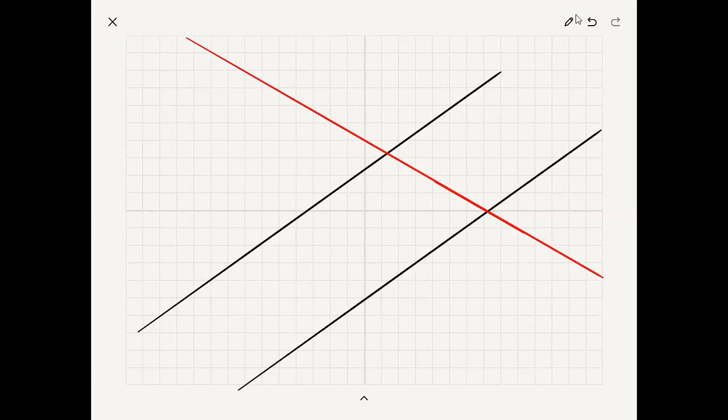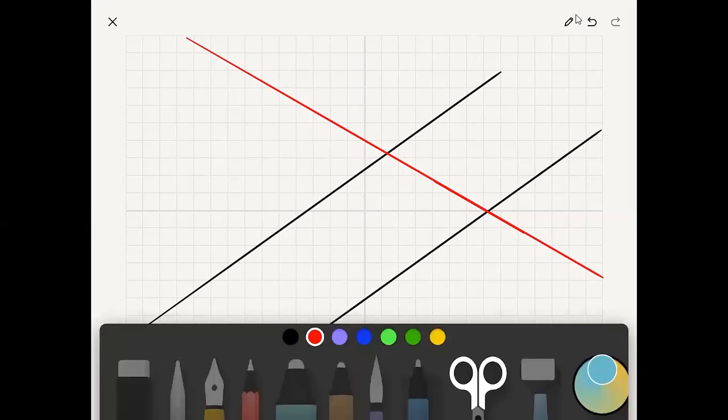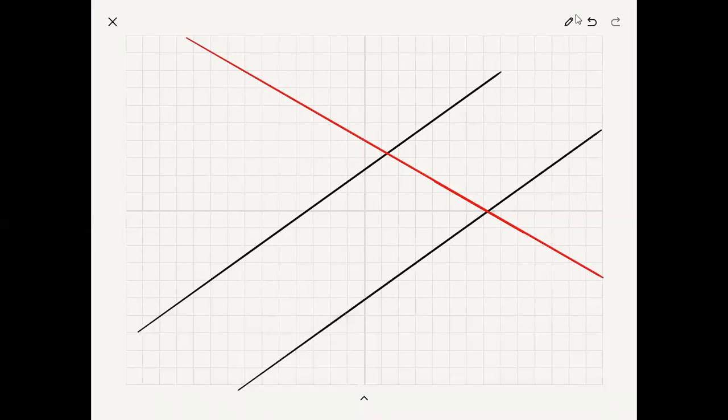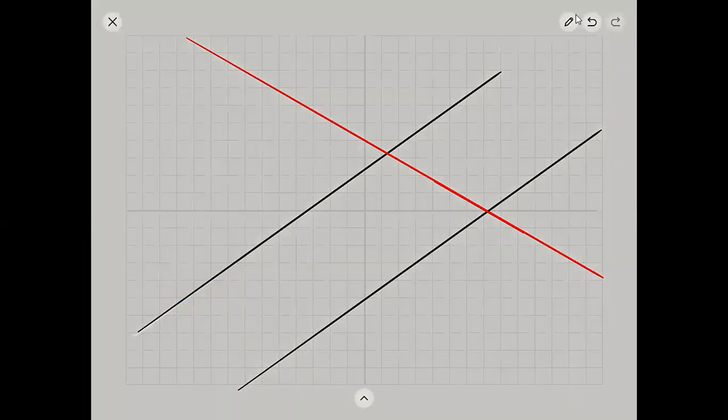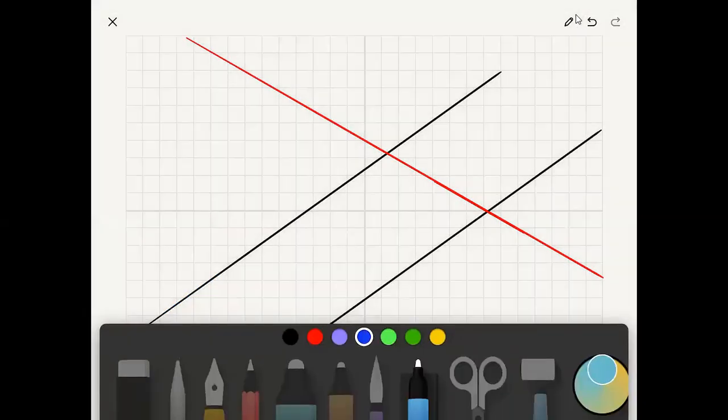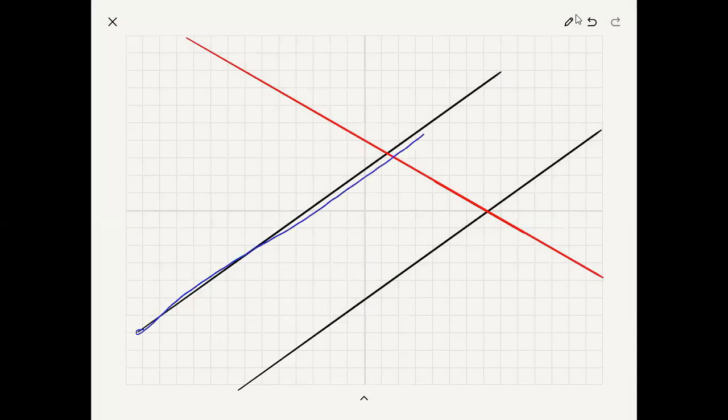The last situation, and I'm going to do my best to draw this, is if you have a line that's essentially the same as this one, then they will have an infinite number of solutions. My drawing here was not the best, but I hope you get the idea.